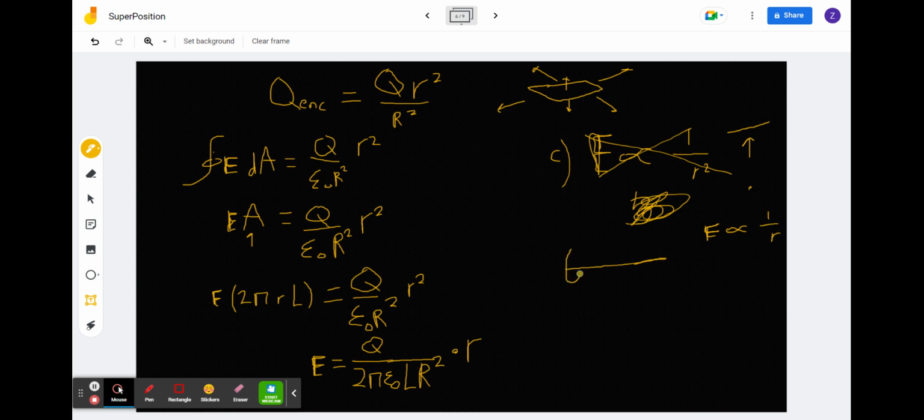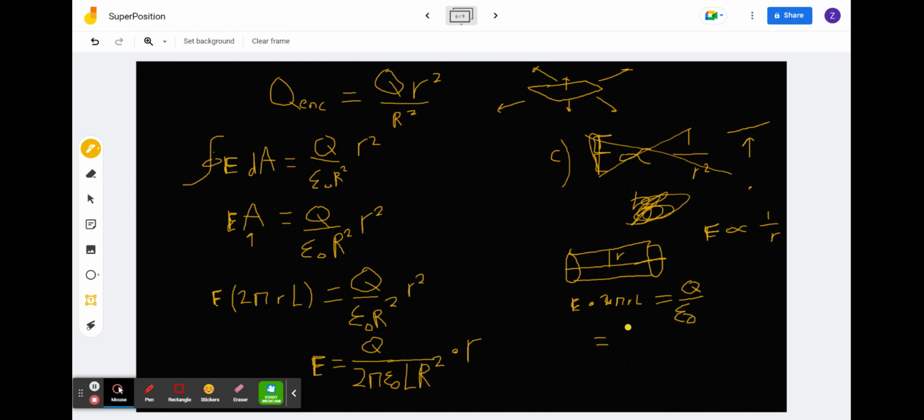But essentially, if I draw my Gaussian surface here, with some value r, what we get is that the electric field times 2 pi rL is going to be equivalent to the charge enclosed in that line over epsilon naught.